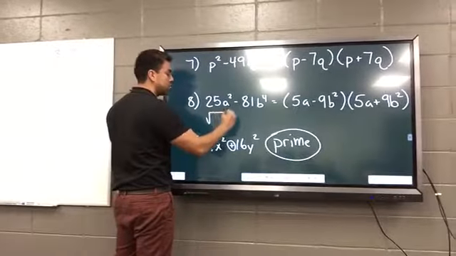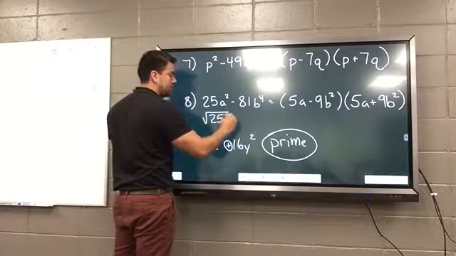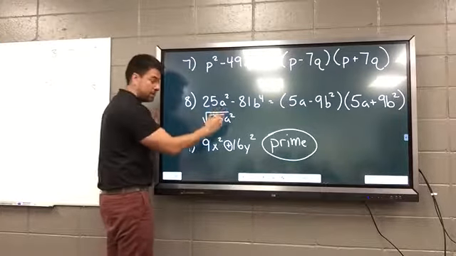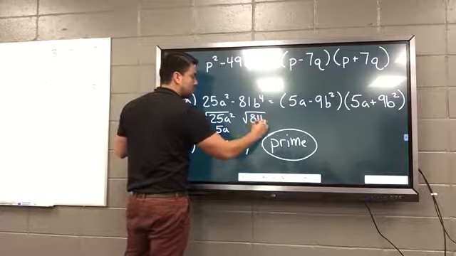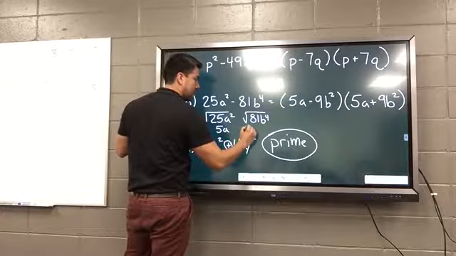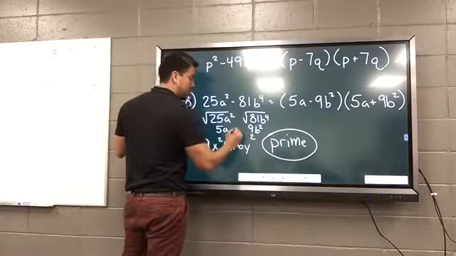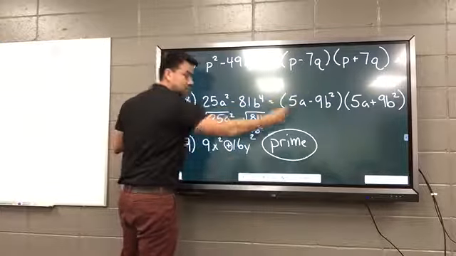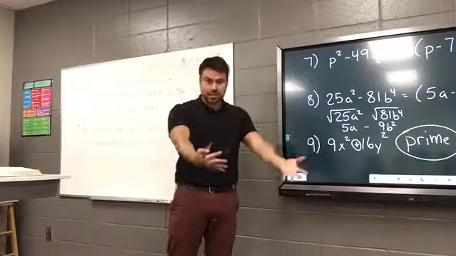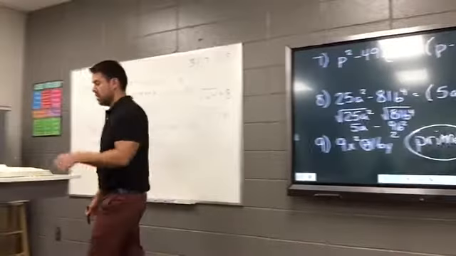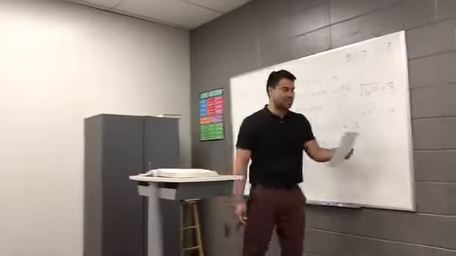And if it doesn't, then you try this out. What's 25a squared rooted? It would have been 5a. And then the square root of 81b to the 4th would have been 9b squared. So if you can't factor the GCF, go to the next step. But you always have to do that first. Okay, I wish I could tell you that was it, but it's not.